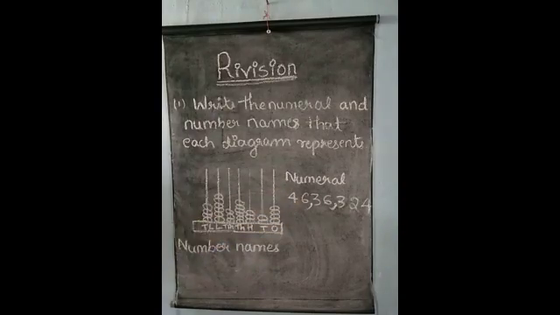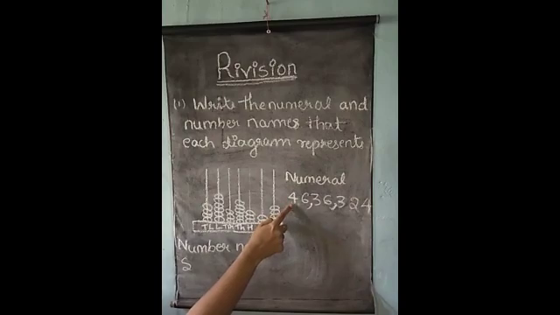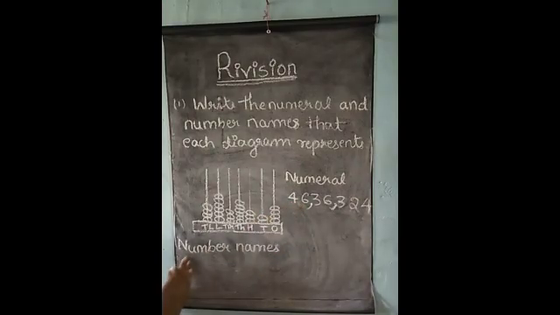Here 46 lakh, because 4 at 10 lakh place and 6 at lakh place. So we call it 46 lakh.